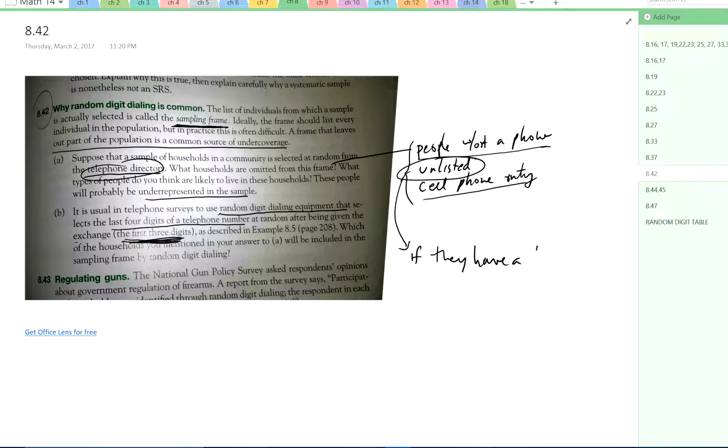Now, if the first three digits that I call are cell numbers, then I'm including people with cell phones only, which I don't know if they do that. I personally never had a marketer call my cell phone, but that doesn't mean that's not happening. So I don't know if they're doing that or not. But this is a little bit better than using an address book.